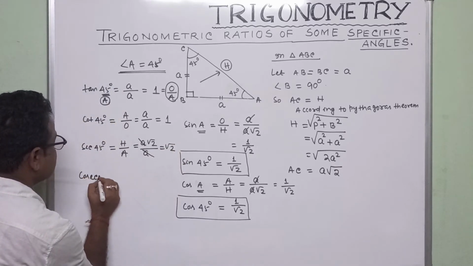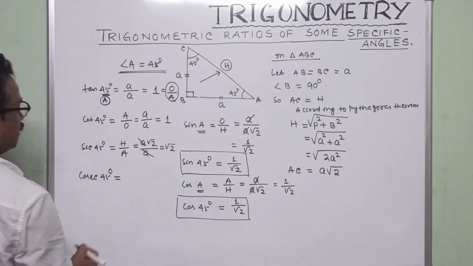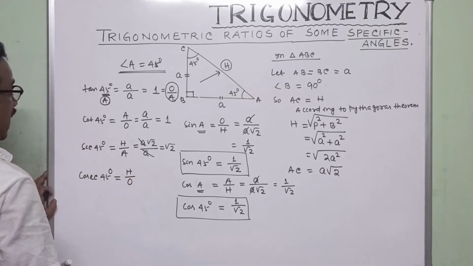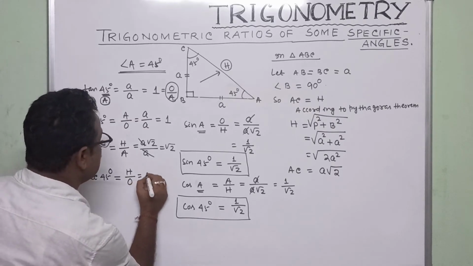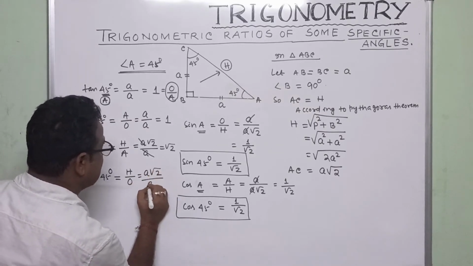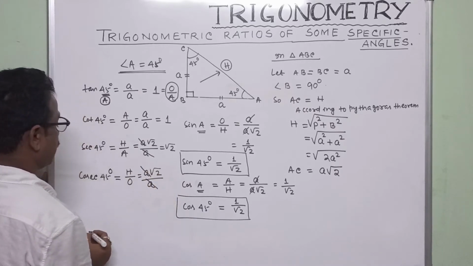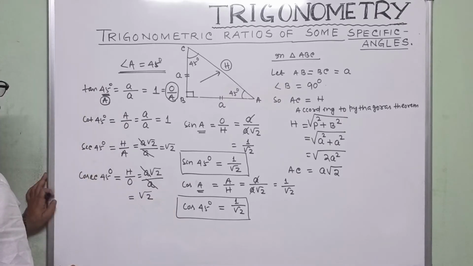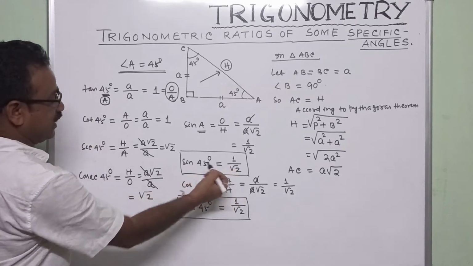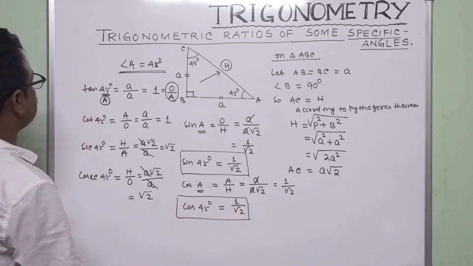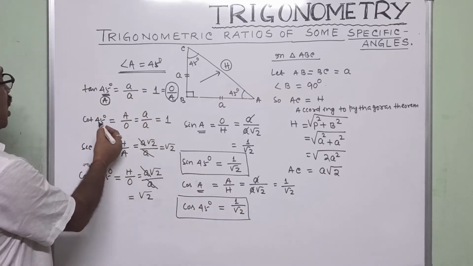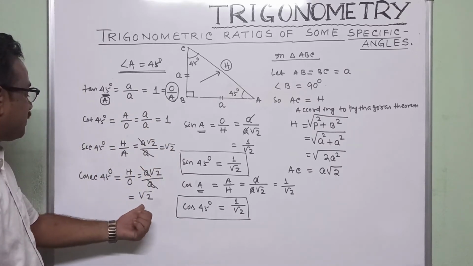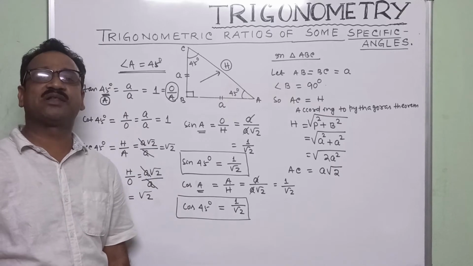Now cosec 45 is hypotenuse by opposite, so A root 2 by the opposite side A, A cancels, that is equal to root 2. So here sin 45 is 1 by root 2, cos 45 is 1 by root 2, tan 45 is 1, cot 45 is 1, sec 45 is root 2, and cosec 45 is root 2. So you have to remember these values.